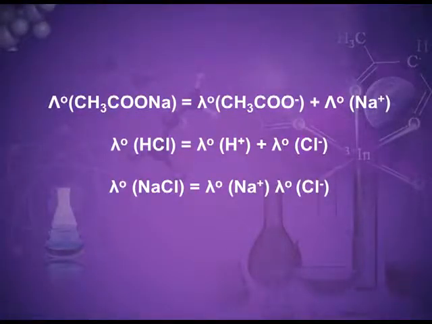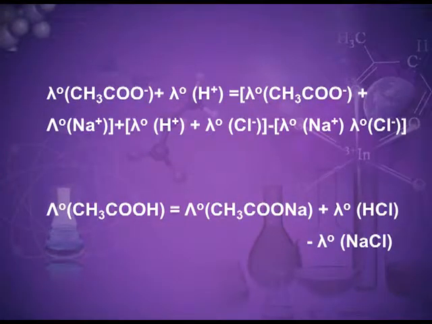These are sodium acetate, which has the contribution of acetate and sodium ions; hydrogen chloride, which has the contribution of the hydrogen and chloride ions; and lambda m infinity for NaCl, which has the contribution of sodium ions and chloride ions. Simply by adding and subtracting the suitable values, we can find the theoretical value of lambda m infinity of acetic acid.